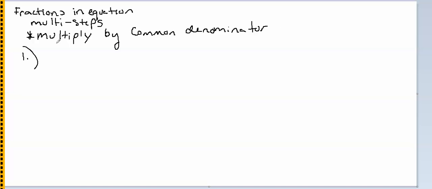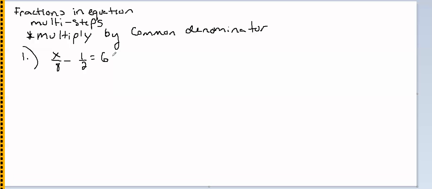So you can do this only in equations. You can't randomly do this when you're trying to just add fractions or a different type of problem. It only works with equations. So let me give you an example. If I have something like x over 8 minus 1/2 equals 6.